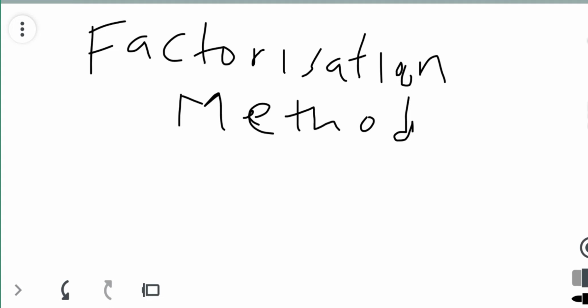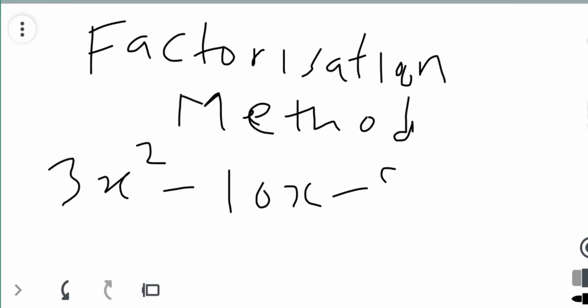So let's pick a question and solve. The first one, we have to solve the equation 3x squared minus 10x minus 8 equals 0.